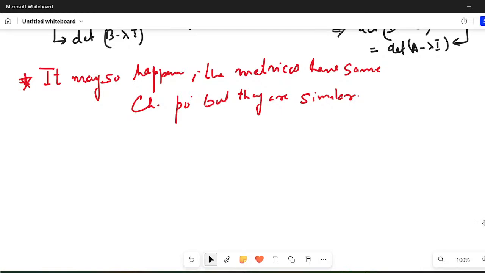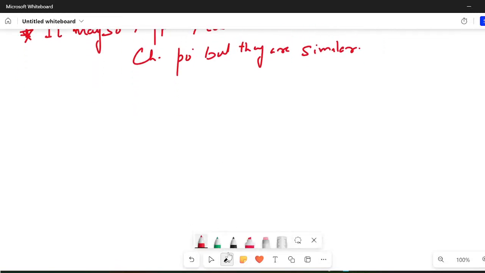Okay. So now let us move further and let us see a few more things regarding diagonalizability. So please think about this. One of the things is that we have said that the eigenvalues of similar matrices will be the same. But what about eigenvectors?